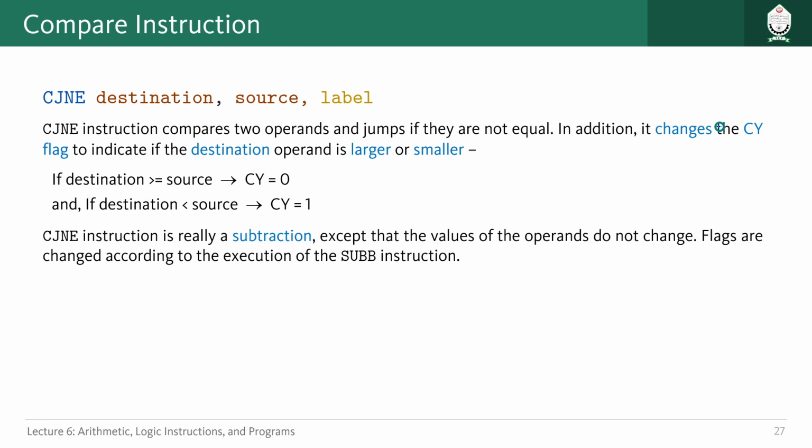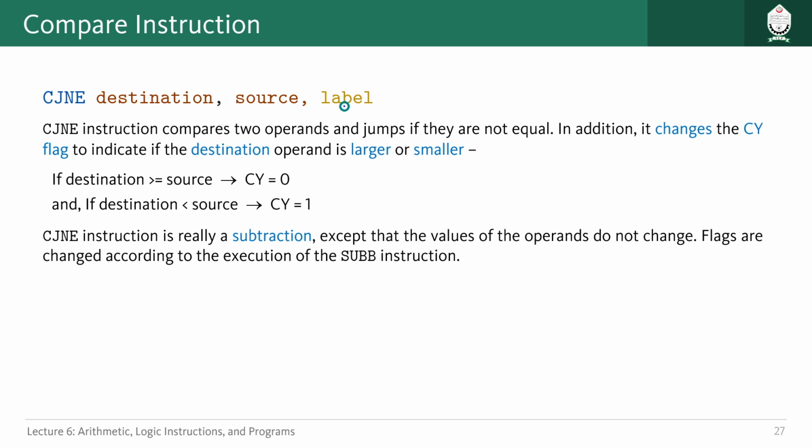Next, we will look into the details of the compare instruction CJNE. The instruction was something like compare and jump if not equal. We are comparing these two operands. If they are not equal, then we have to jump to the label.